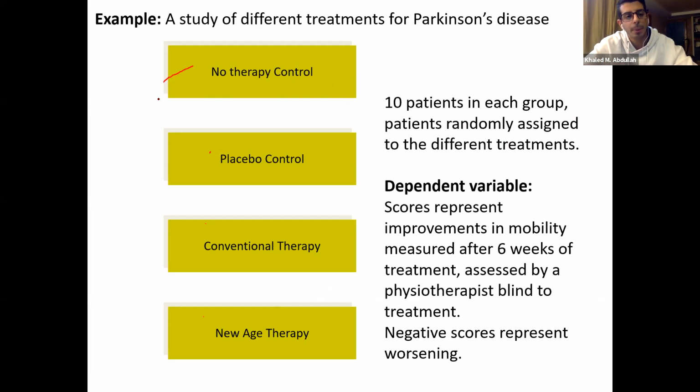For example, I want to compare no therapy to placebo. I think that will be very interesting. I want to compare placebo to conventional, and placebo to new age therapy. All the other comparisons, I don't care about them. Before you collect the data, you make your bets on what you actually want to see. So although there are more comparisons that could be significant, I don't care about them.